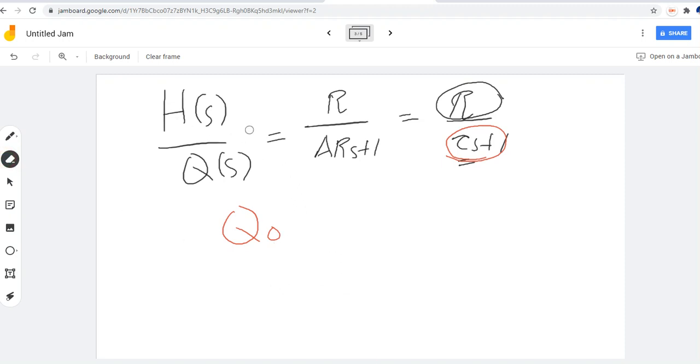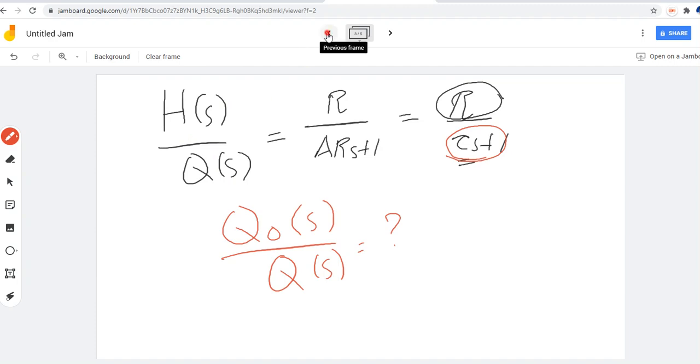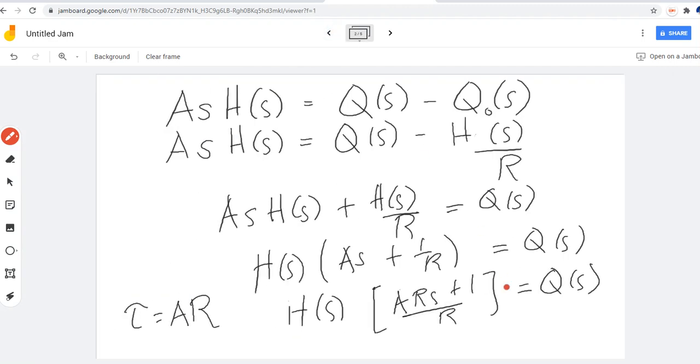Q sub O is the volumetric flow rate out of the tank through the linear resistance R. So we want it like this. How do we do that? We look for a relationship that we can substitute here. We go back to the linear relationship between Q sub O and H, which was already given here.